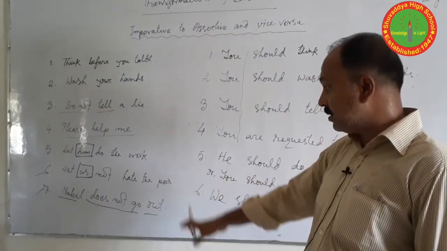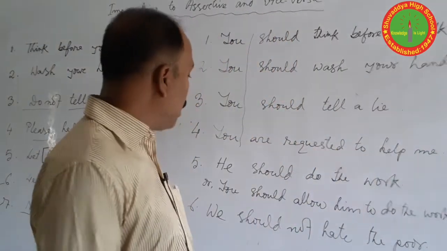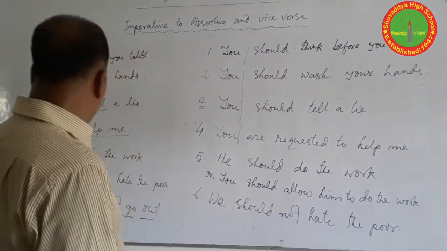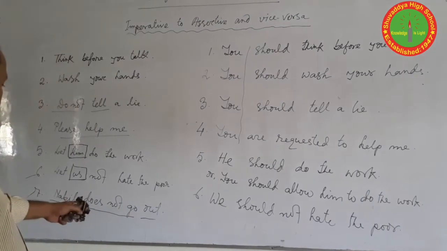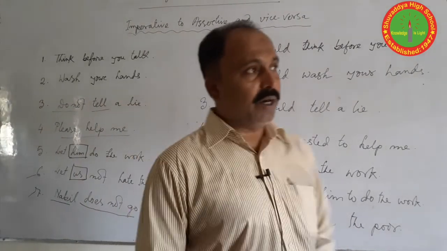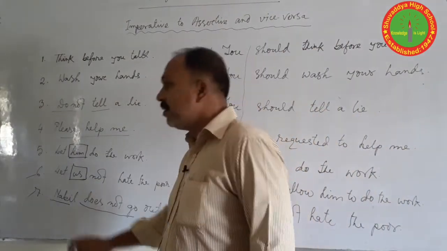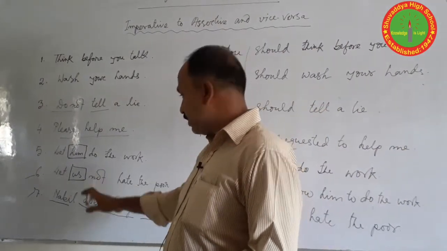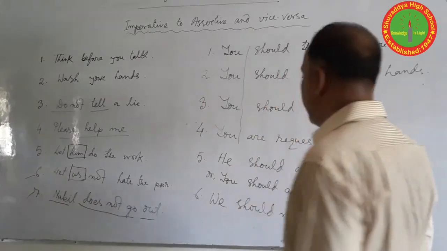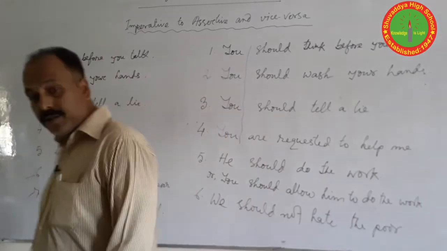No, it is assertive. So this kind of assertive sentence, how to change into imperative? If the subject of the assertive sentence is third person or first person, we should use let.